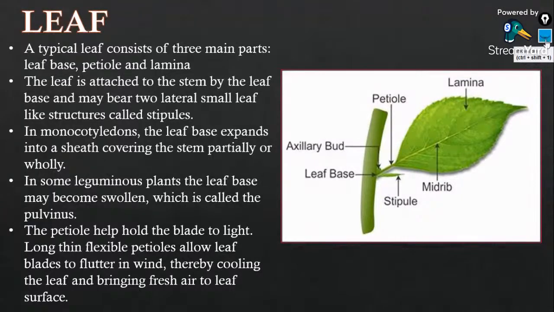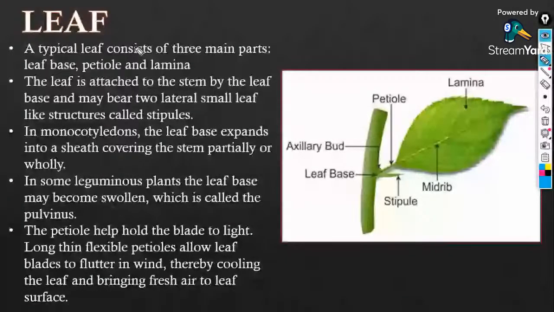Okay guys, listen very carefully over here. Just imagine a hibiscus plant, the stem.